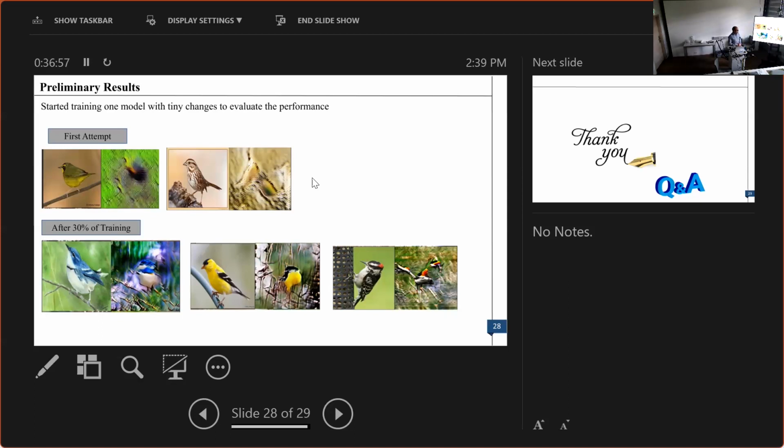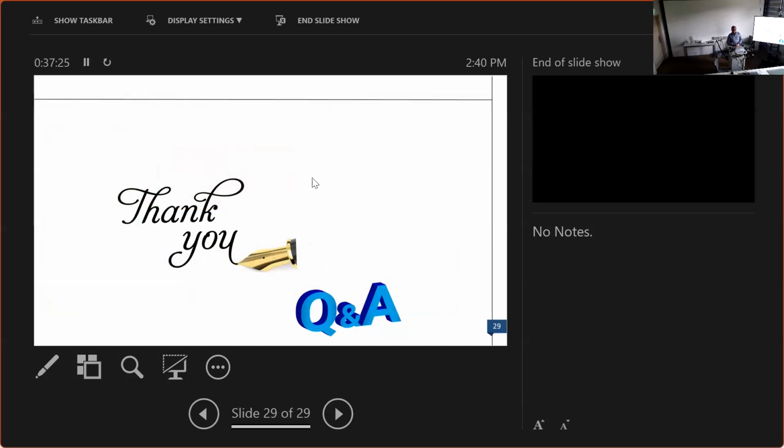Still, I didn't finish, but as we can see, for example, this bird has yellow, so the generator is able to generate yellow spots or patches on the bird. So hopefully, after I finish the training, I can see how I can modify and enhance more. Yeah, that's it.